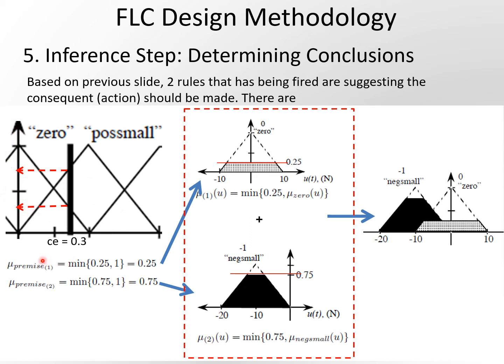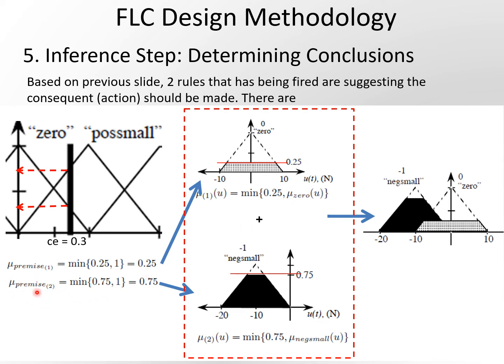When we fire the degree of membership for the 0.3 and 0, we will get a value of 0.25 and 1 for the 0 part. And when we use the rules, normally we choose the minimum of them. Take the minimum of those two, which is 0.25.